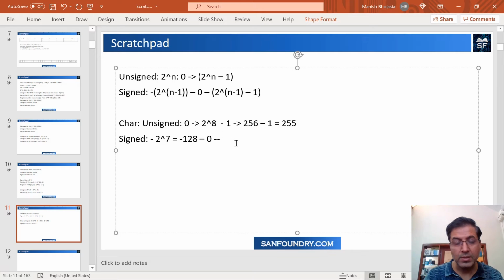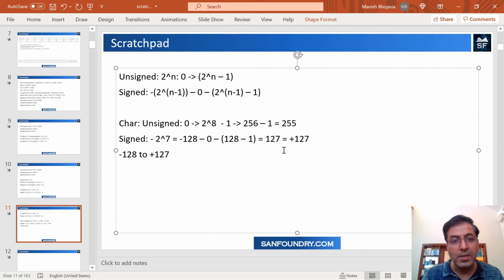And then on the positive side it is 2 to the power 7 minus 1, so technically 128 minus 1, which is 127. So the range you are seeing is minus 128 to positive 127, right? That's the range basically.